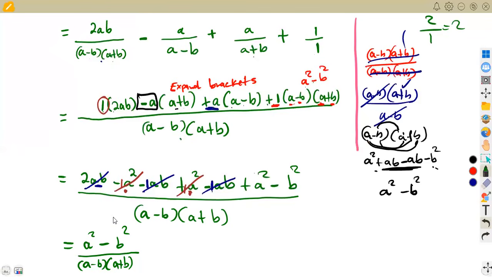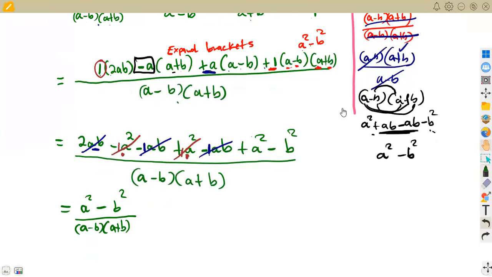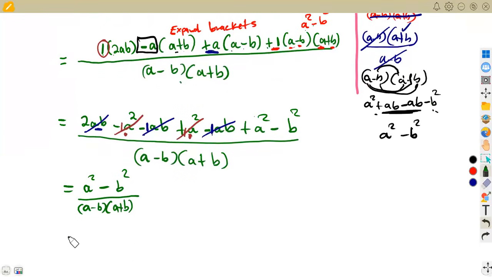No. We are supposed to factorize again, because that A squared minus B squared can be factorized as a difference of two squares again. So we are back to the two brackets of A minus B into A plus B. So we have our difference of two squares over A minus B into A plus B, the one that we had previously.